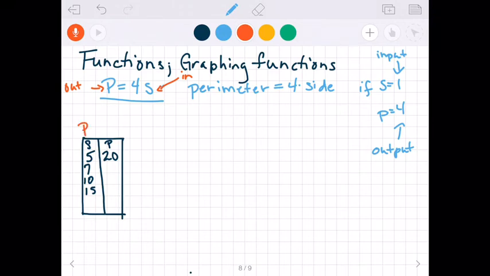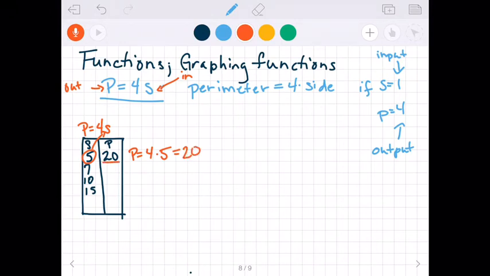P equals 4s. So when s is 5, if we put a 5 in there for s, P equals 4 times 5, which is 20. So that's where this 20 comes from.